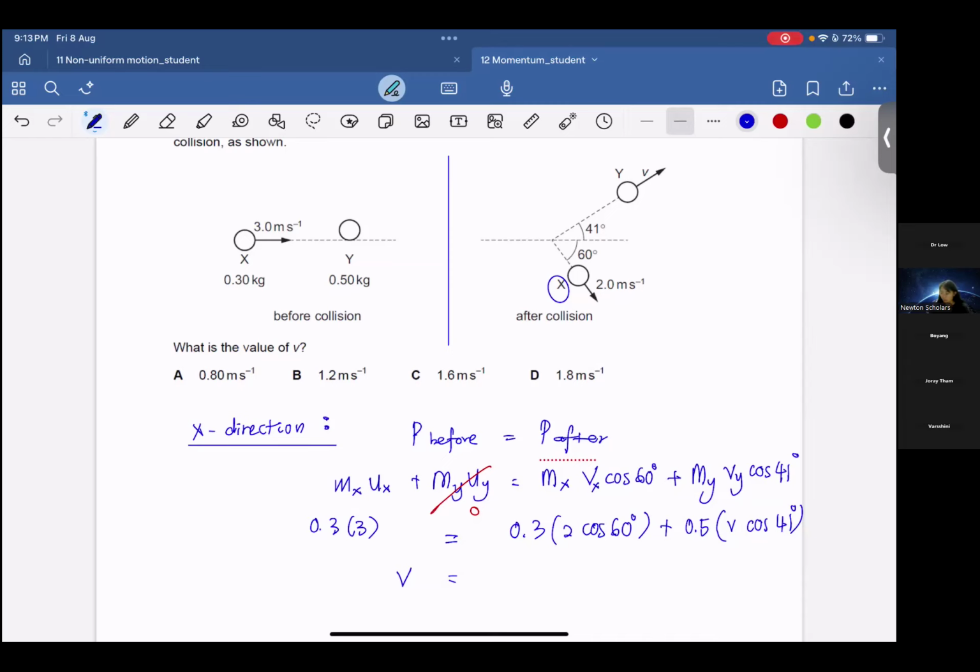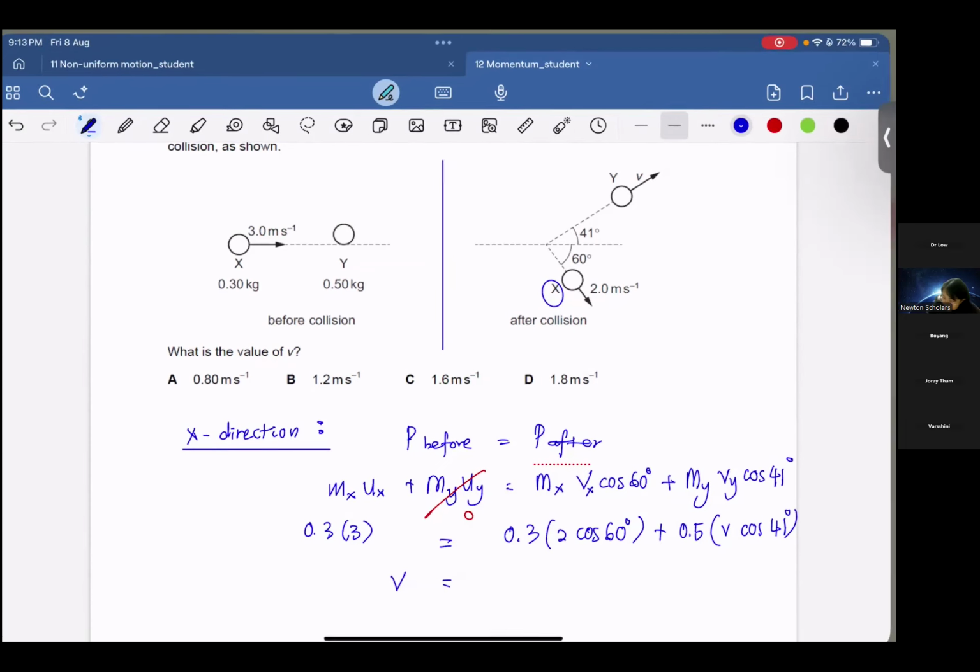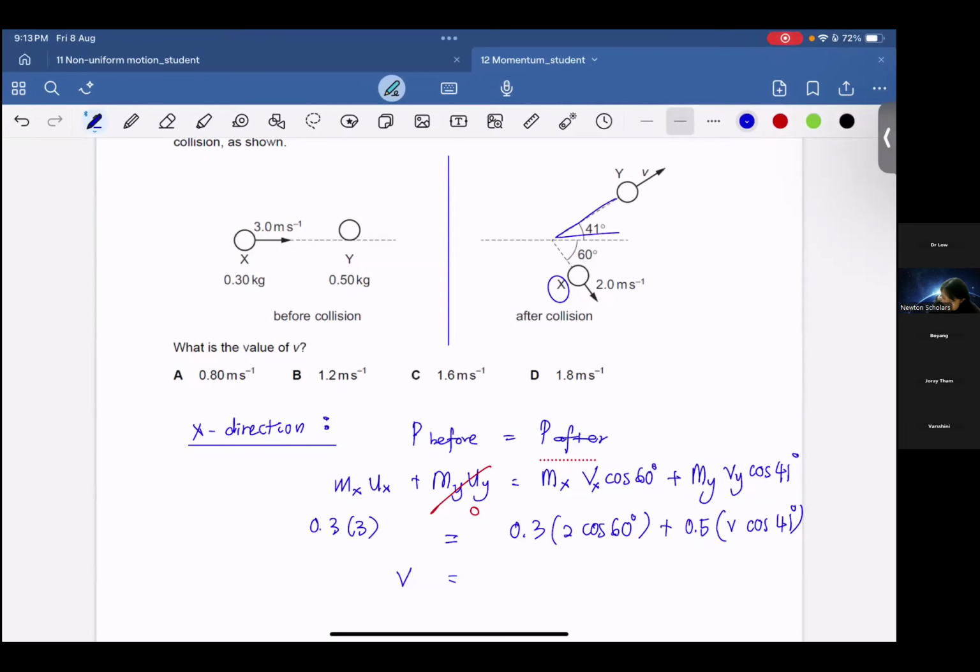Okay, boys and girls, calculate and then tell me your answer. We resolve it, dear. This was in the previous chapter already. We resolve it into the x-axis, same direction: v cos 41 degrees, 2 cos 60 degrees.